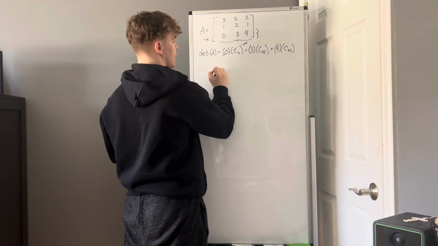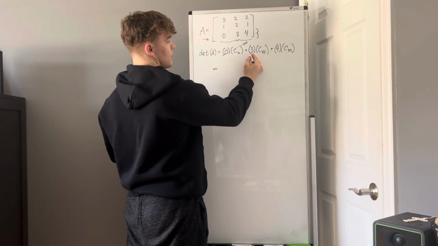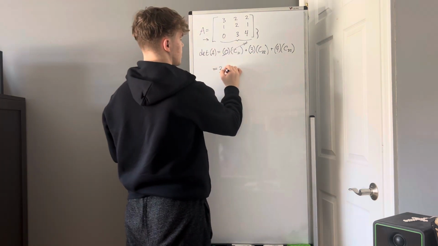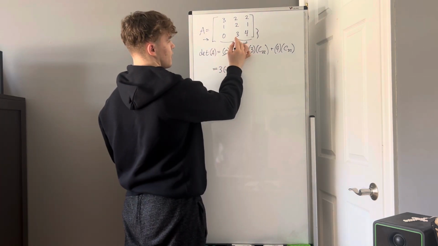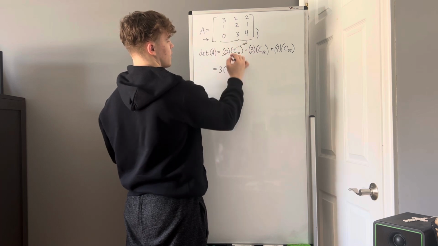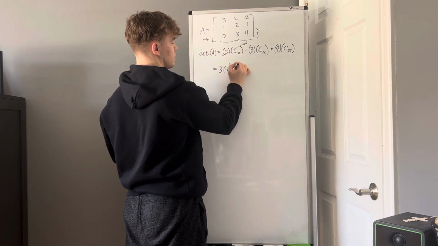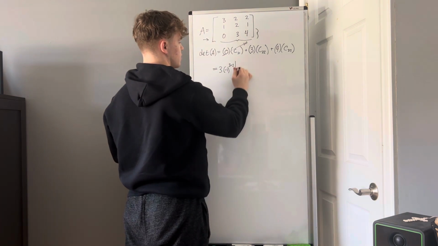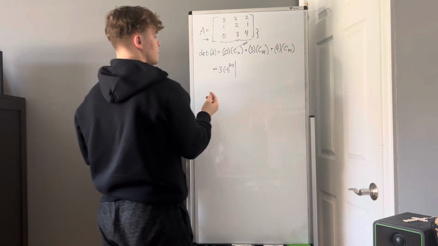So what we get now is 3 times -1 to the power of, third row, second column, so 3 plus 2, times, I won't write out determinant, I'll just use these brackets. Well, let's look here.